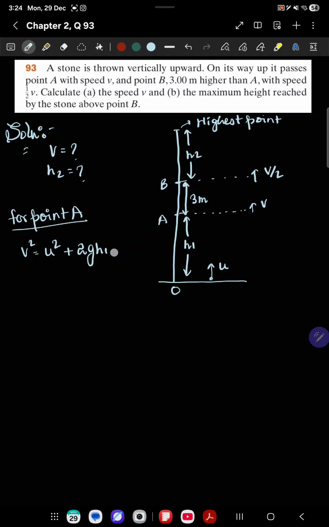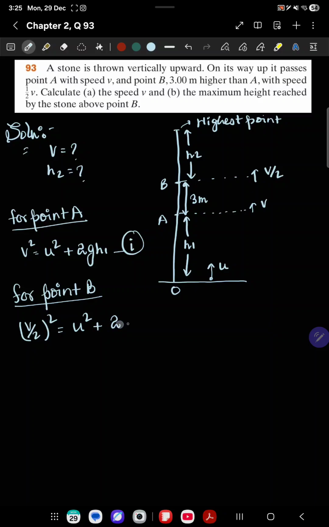This is our equation 1. When I write the same equation for point B, I can write v by 2 square equals u square plus 2g h1 plus 3.